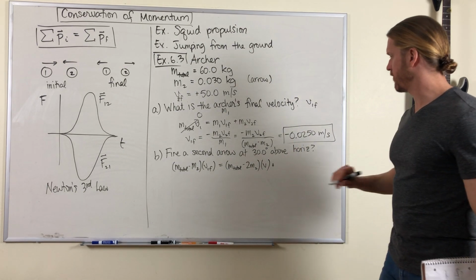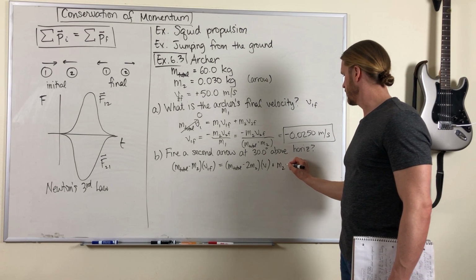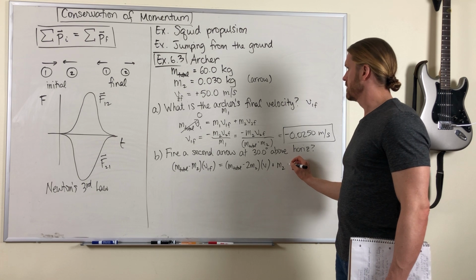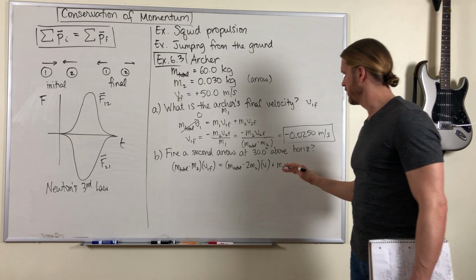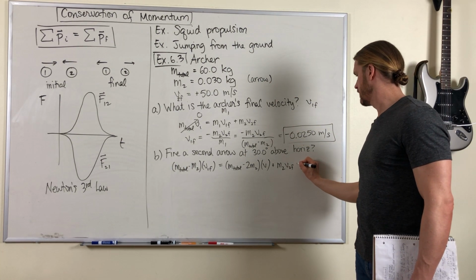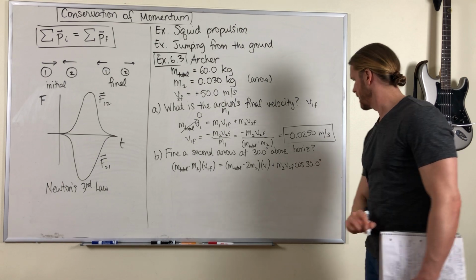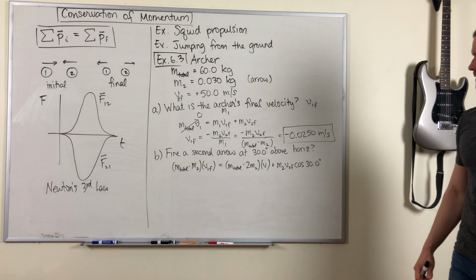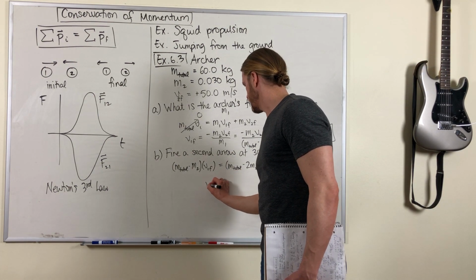And we've got another arrow flying off at M2, V2 final, but it's going at an angle, so we need the cosine. That turns into a bit of an algebra party.